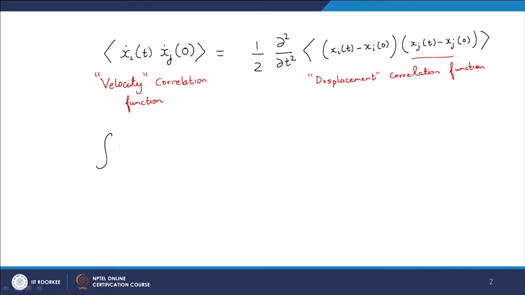So if I do the integration once, what I will get, if I do the integration twice here, what I get is, where T1 and T2 are dummy variables.